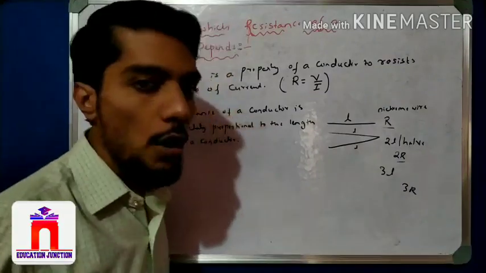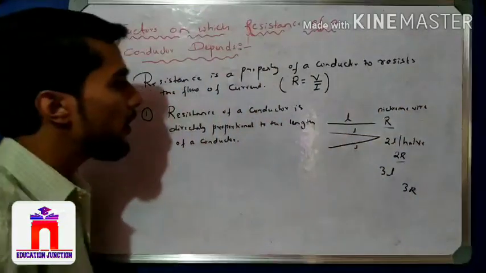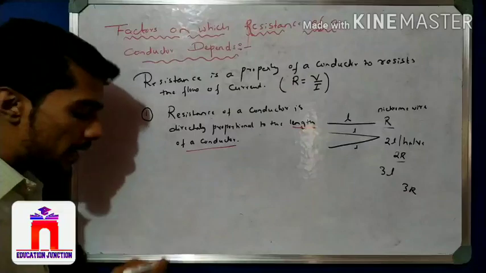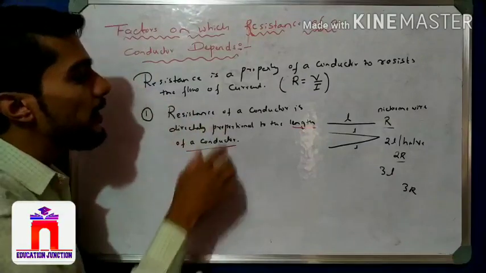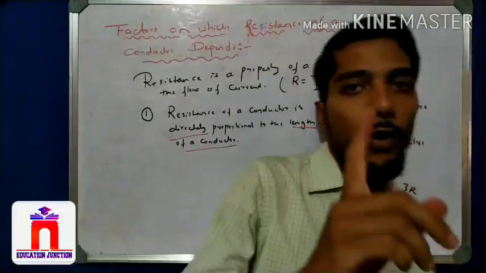That is number one. On which factor does the resistance depend? The first factor is its length, and it depends directly, students. That is one point you have to remember.